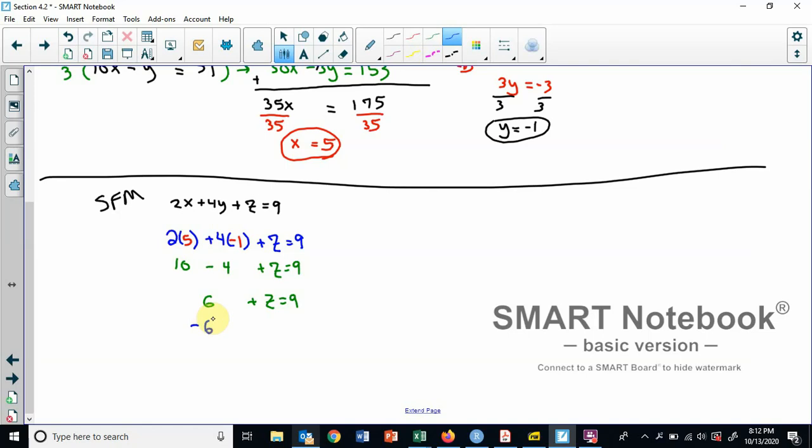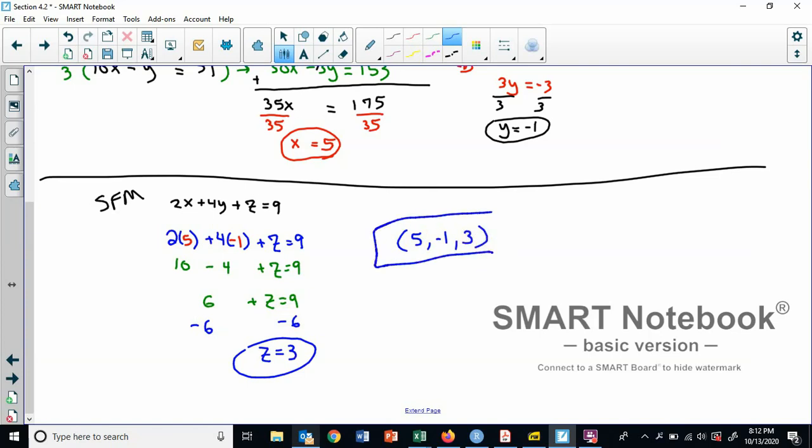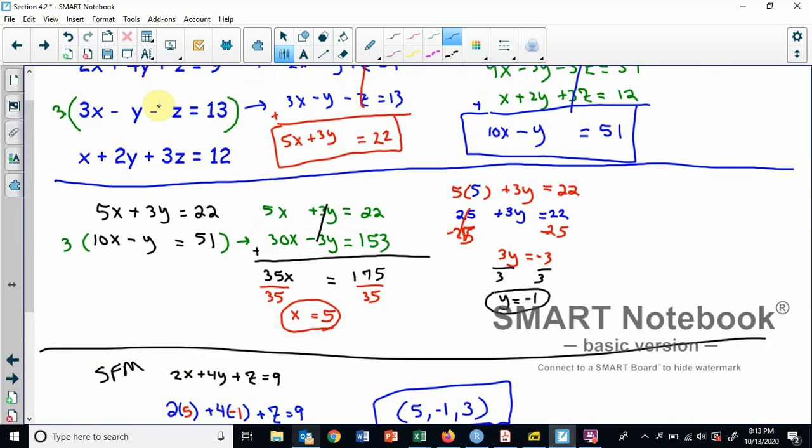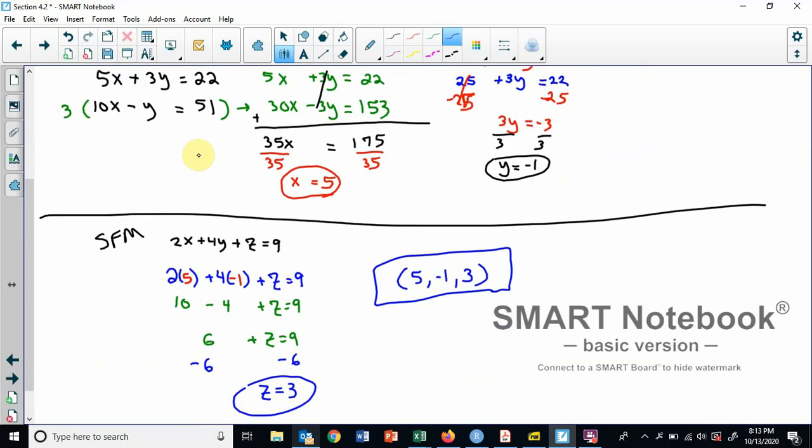I can subtract 6 over, and z will equal 9 minus 6, that's 3. And so I have found my x, y, z. And I could plug this into all three of the originals, and it would make all three of those equations true.